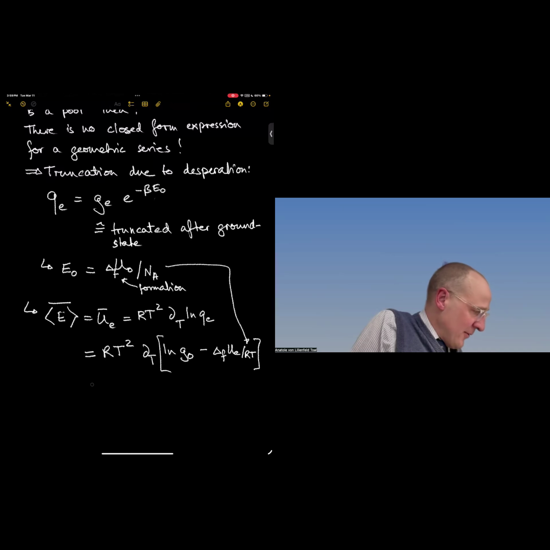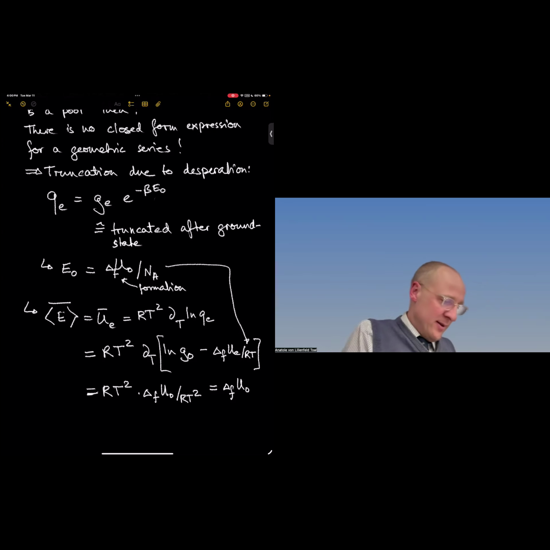And so what this then becomes is, because I'm differentiating the logarithm, I'm differentiating 1 over T, I'll end up with RT squared times delta F U0 over RT squared, and that's simply my delta F U0.